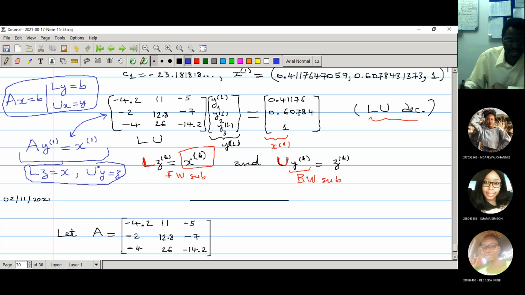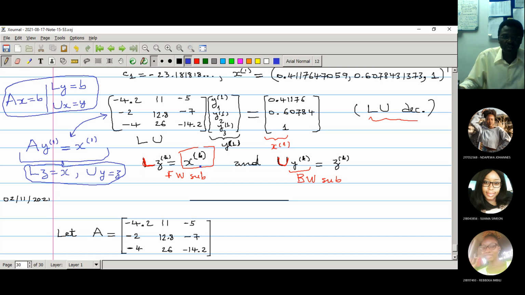So we are readapting with a new notation. That's why here I put LZk equal to Xk, because this is our right-hand side, which plays the role of B in this case.